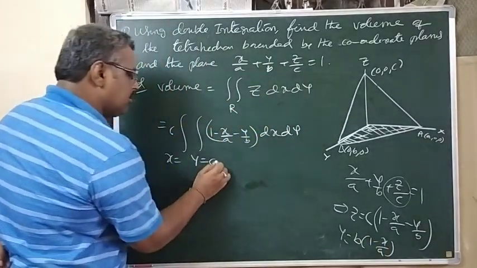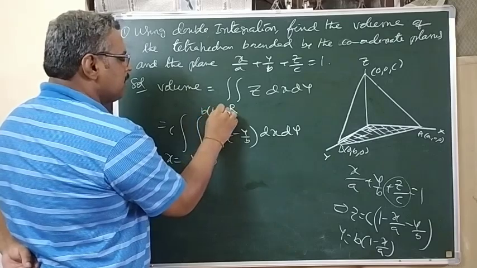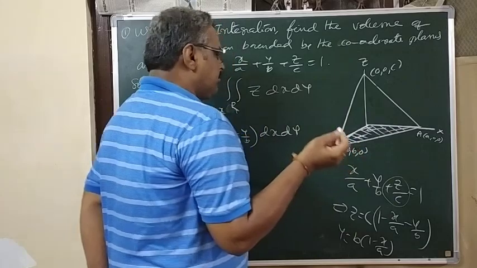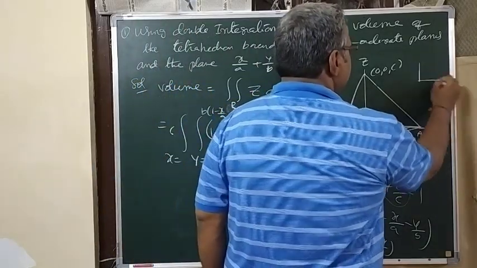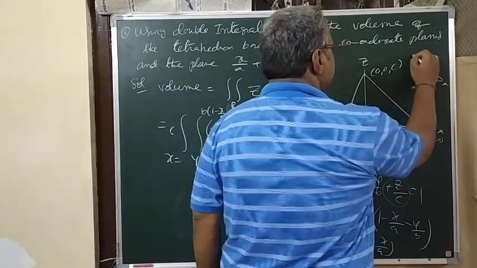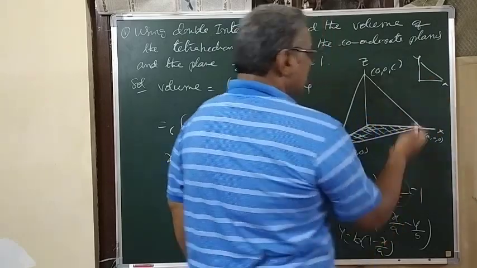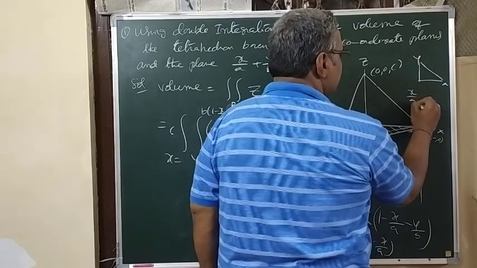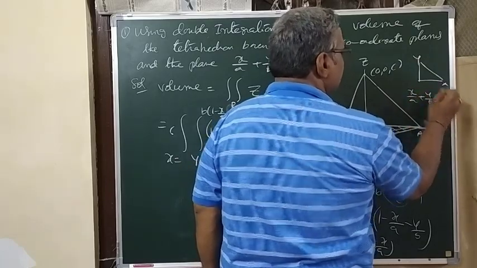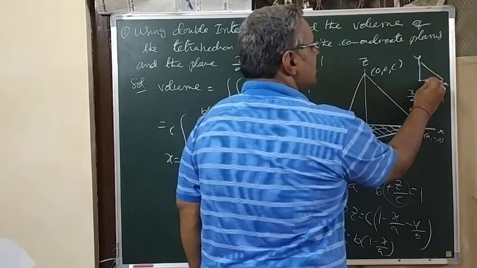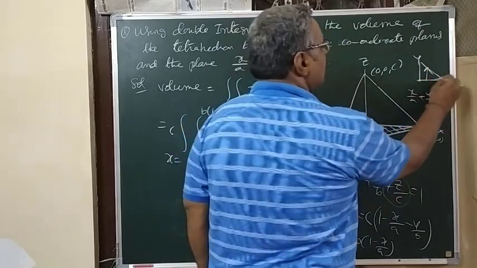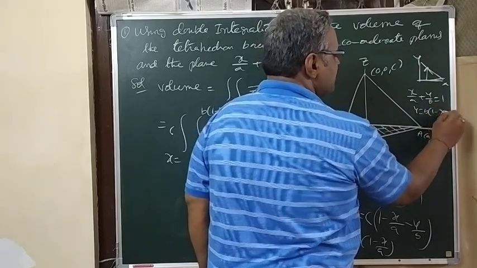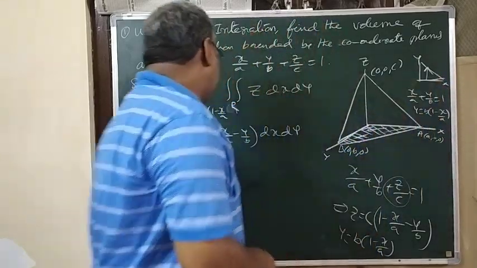So the limits are 0 to b into 1 minus x by a. Suppose if you want to know, simply write x, y. The equation of this triangle is x by a plus y by b equals 1. So along the y-axis, the lower curve is y equals 0, the upper curve is y equals b into 1 minus x by a.